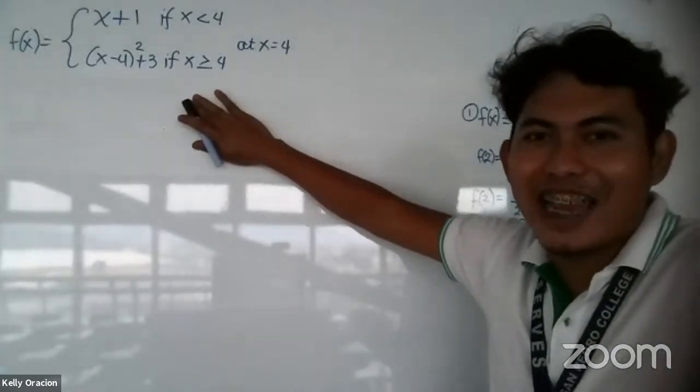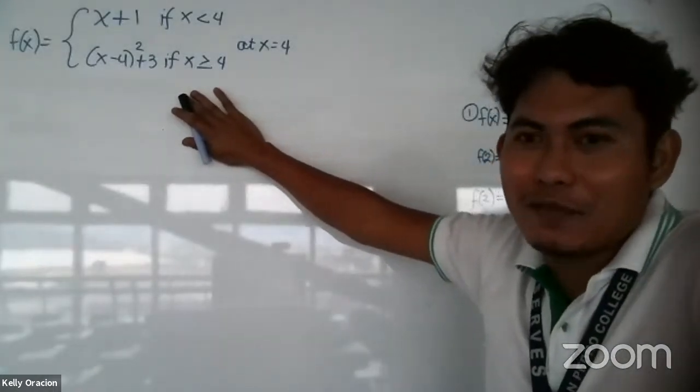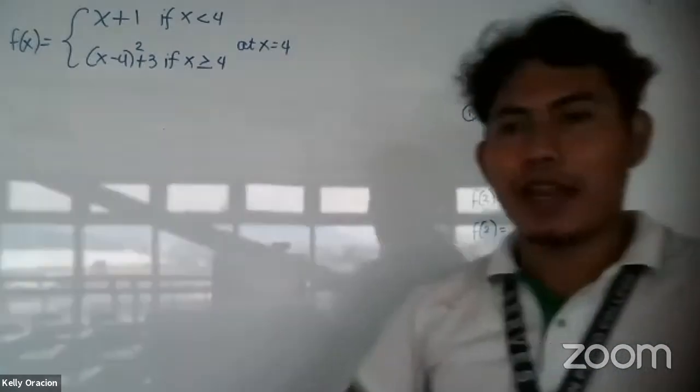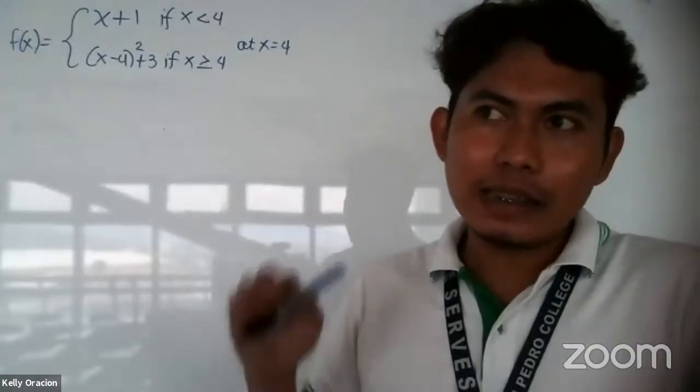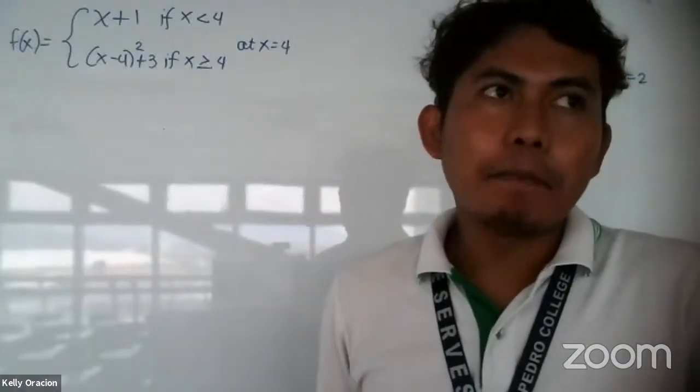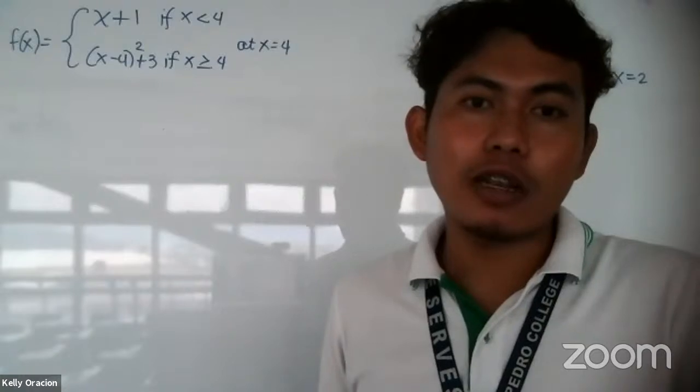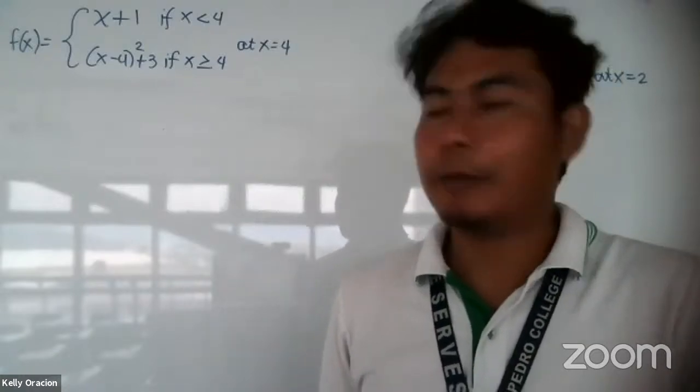Let's have this kind of example. Piecewise function. It's still the same, 3 conditions. Please take note of this, because with a piecewise function, there is something you must consider.